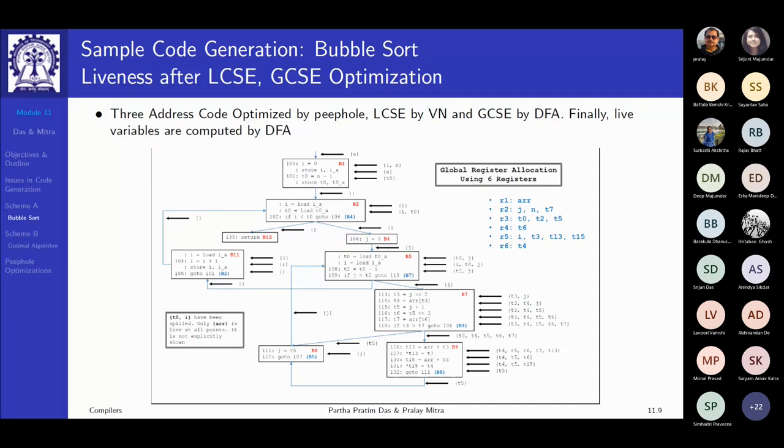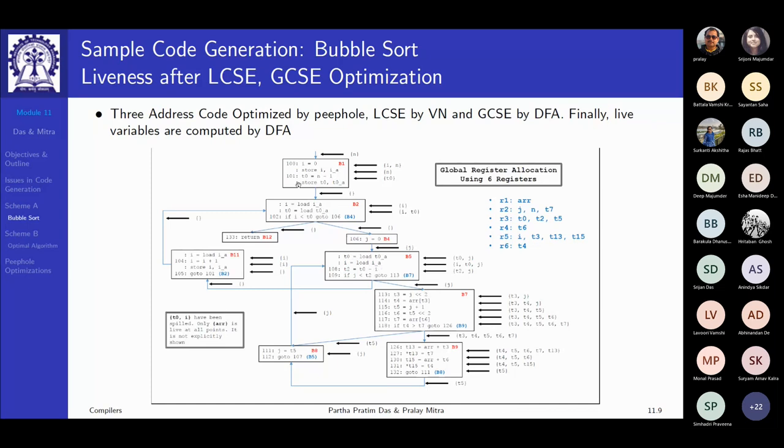Now if you see, I have assumed that we are using 6 registers. And because we are using 6 registers, there are some variables which will get spilled, like I gets spilled. So every time we are using I, we have to load it here, here, here, because this has been spilled.